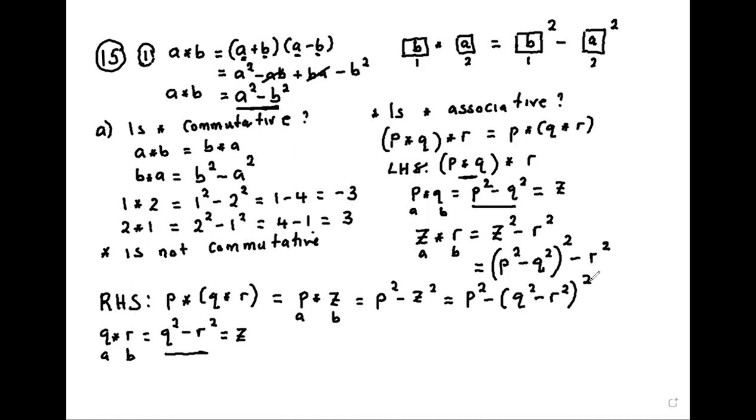Haven't we seen that in the final solution for the left-hand side, if we expand this, we have P squared to the power 2? That would be like P to the 4. But in the right-hand side, final thing, we have a P squared. That is just telling us that the two can't be the same. So we say, oh, then star is not associative.